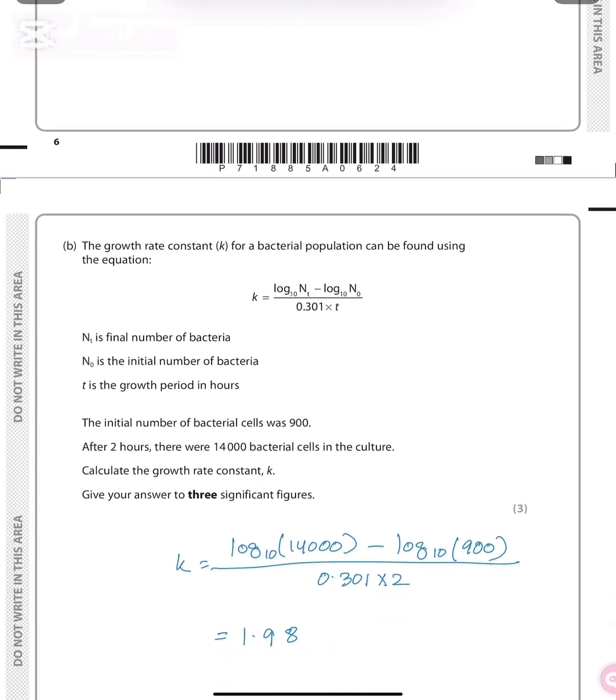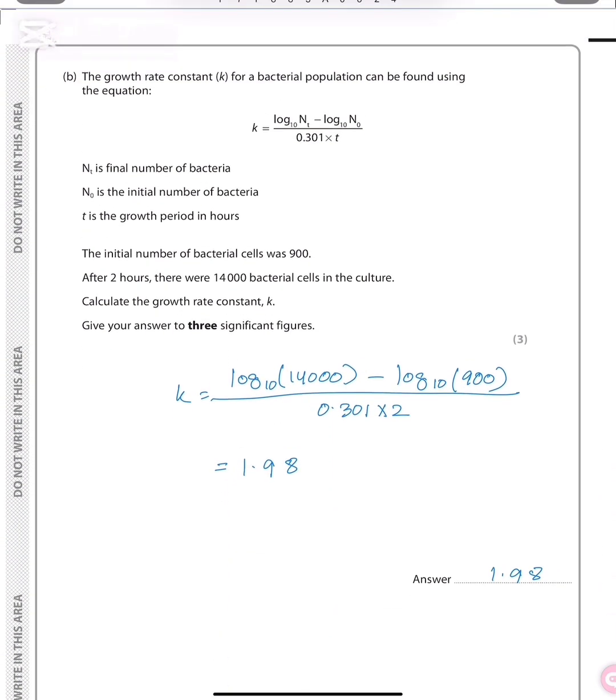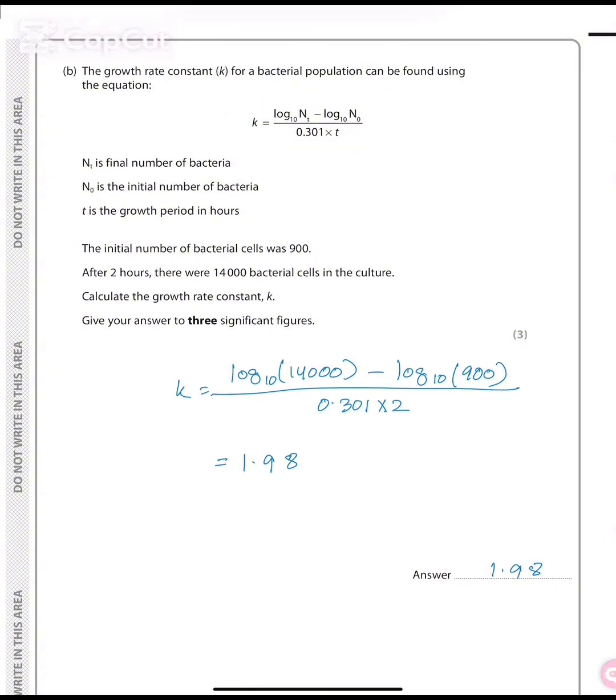B. Here is a formula that we should memorize for the exam, because this formula isn't always given in the question paper, so it's safe to memorize it. Already given for Nt is an initial number of bacteria.